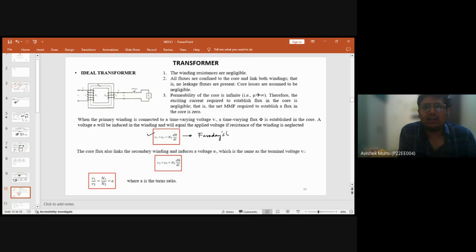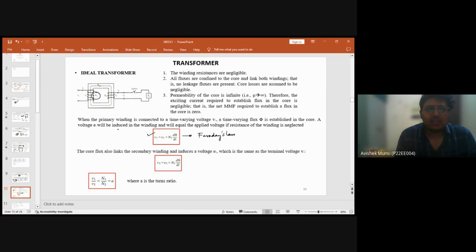This EMF is equal to the rate of change of flux times the number of turns. So if we have N1 turns at primary, then the voltage induced at the primary side of the transformer is N1 dφ/dt.